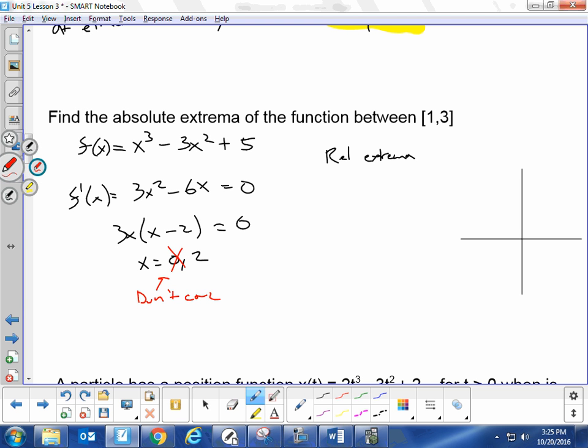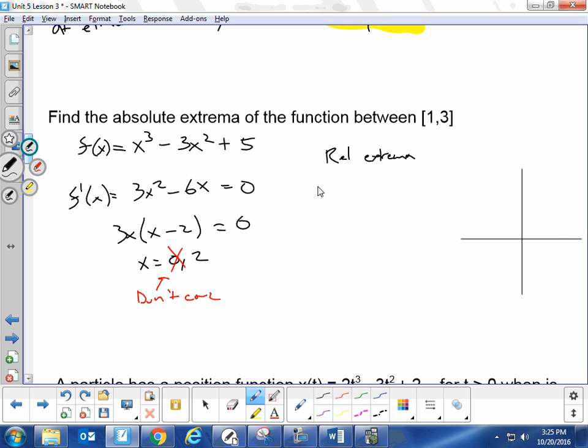I can go straight to the candidates test, and I can compare the y value at 2 to the y values at 1 and 3. And then boom, I'll have all 3 candidates. I know that one of them will be the absolute max and one of them will be the absolute min. Sometimes that's the quickest thing to do.